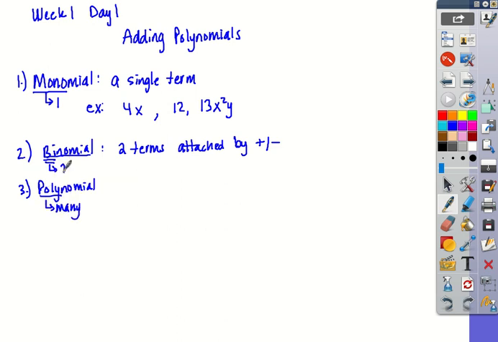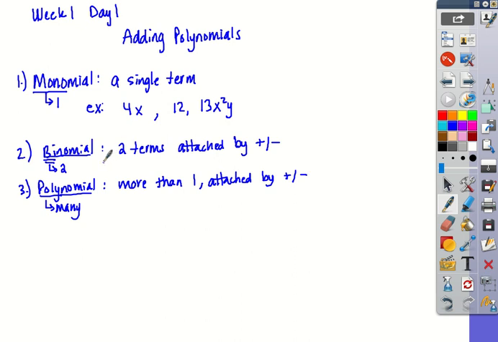And reminder, bi was 2, mono was 1. So if a polynomial has many terms, we typically say more than one, attached by many pluses and minuses, or adding and subtracting.